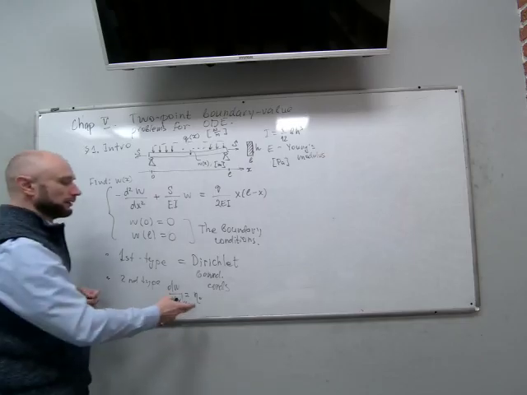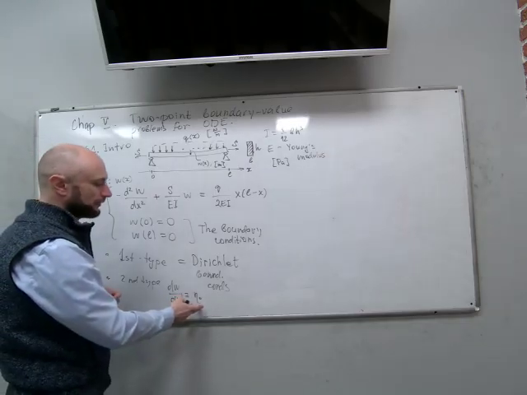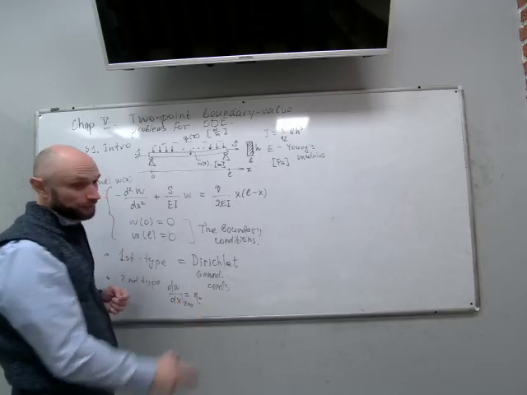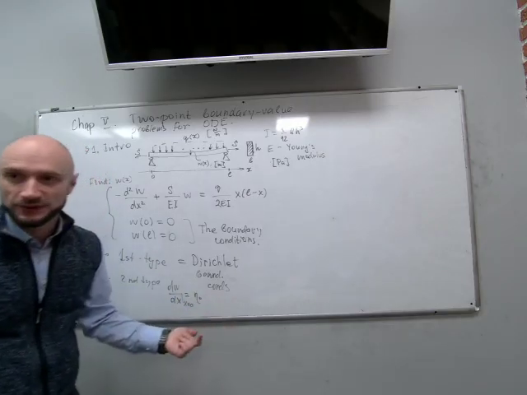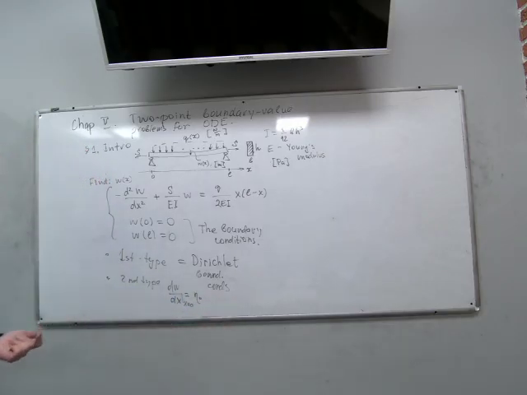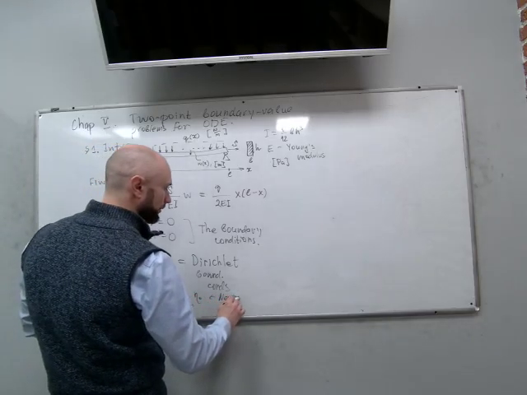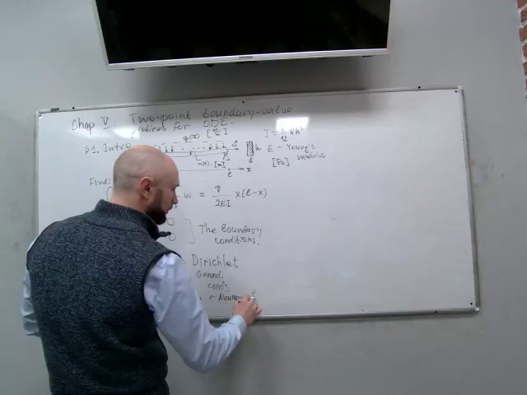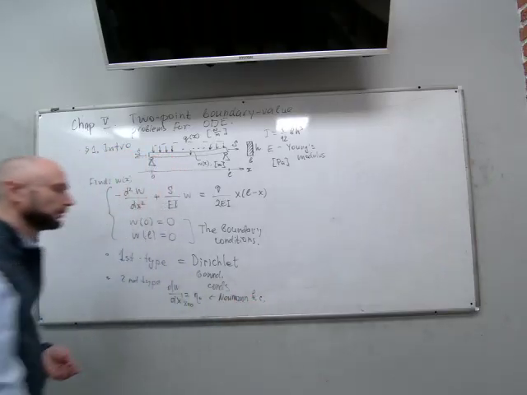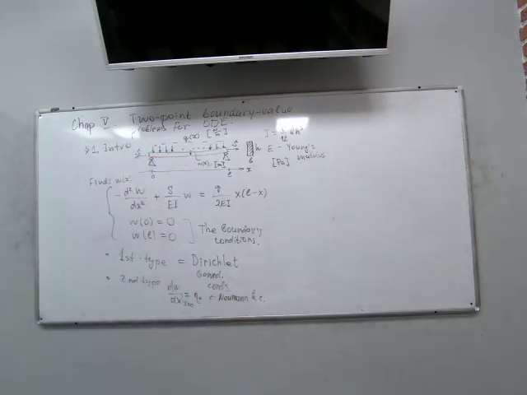And very often this eta 0 is equal to 0 itself. And in this case it will be called the Neumann boundary condition.